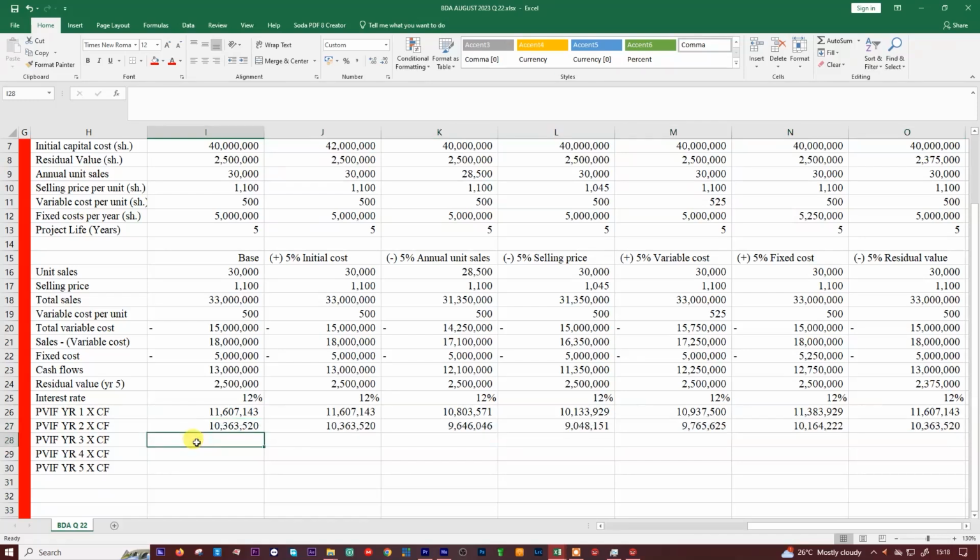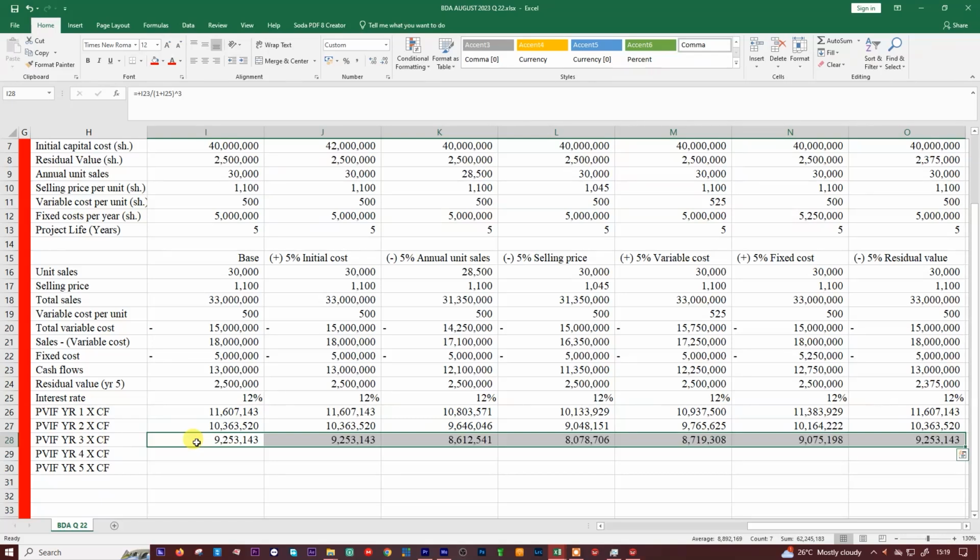Then you do the same thing. One plus R power 3, that.